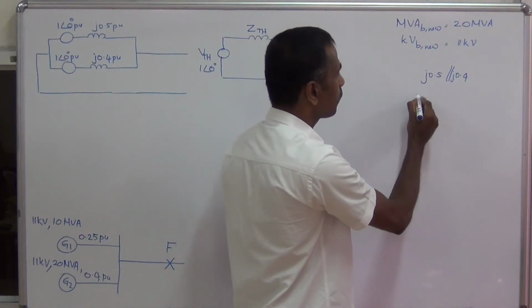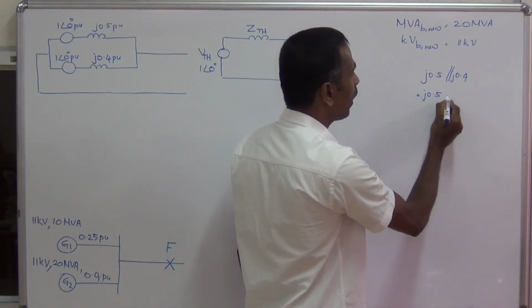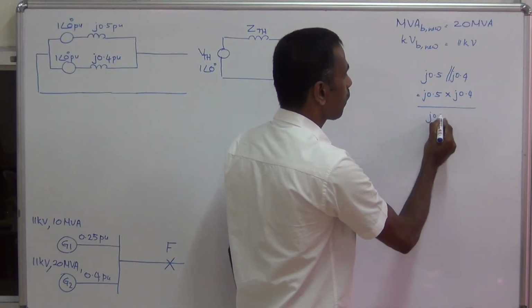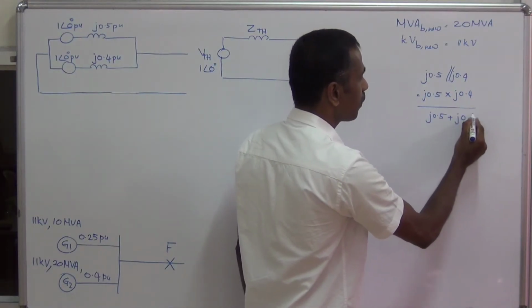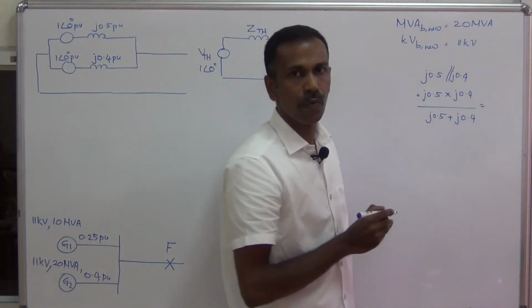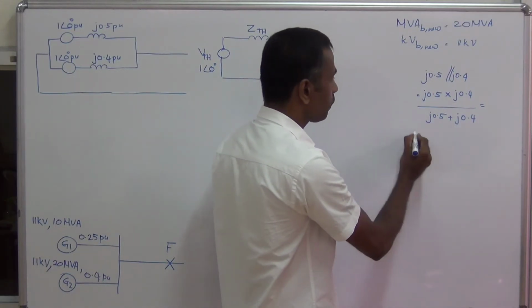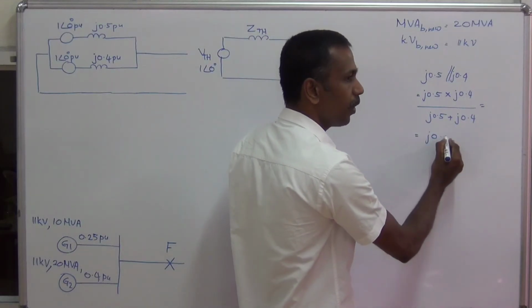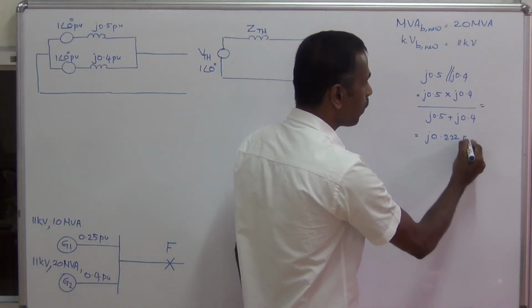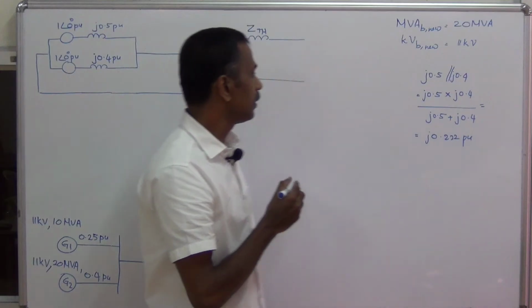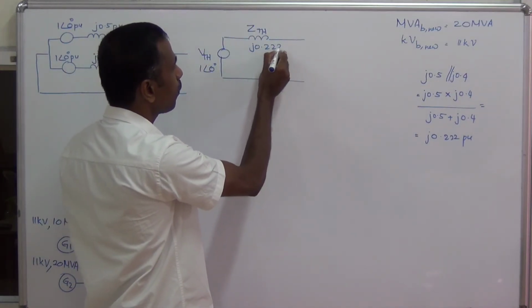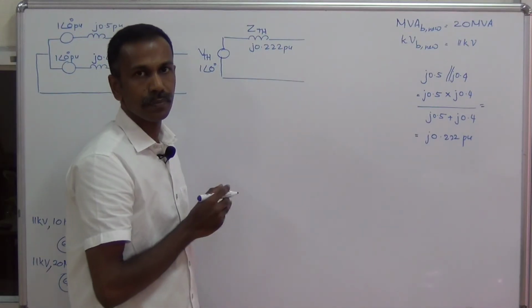This is equal to 0.5 into J 0.4 divided by J 0.5 plus J 0.4, and this is equal to J 0.222 per unit. This is the Thevenin's impedance, J 0.222 per unit.